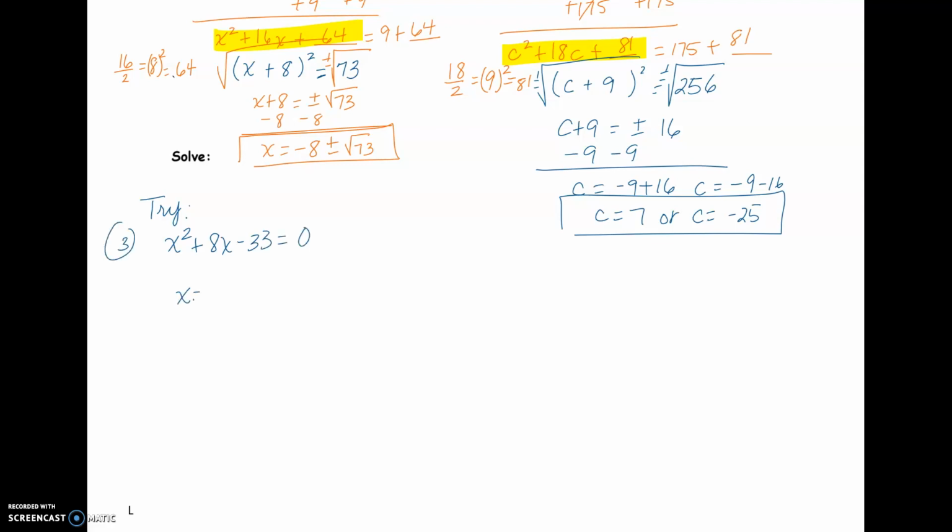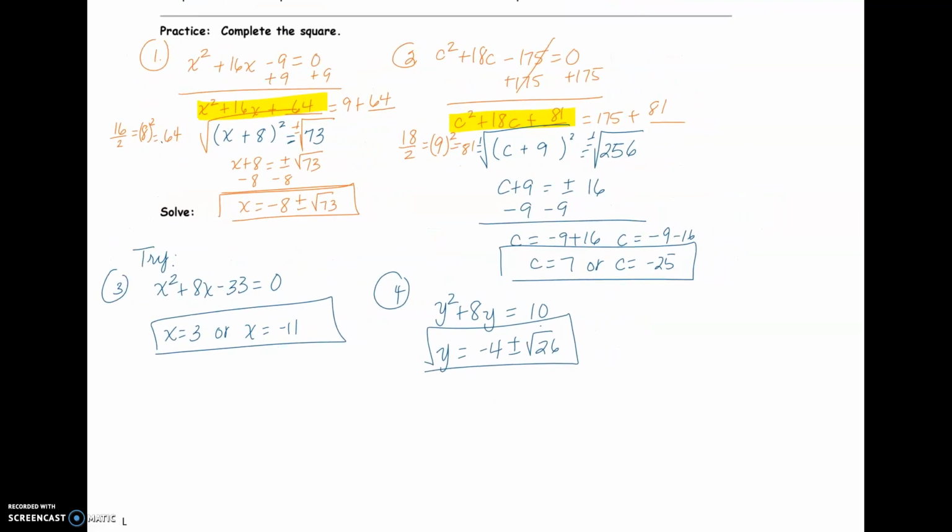Your solutions are x equals 3 or x equals -11. I want you to try this one. y squared plus 8y equals 10. Notice your 10 is already on the other side, so you're ready to complete that square. You should get y equals -4 plus or minus the square root of 26.